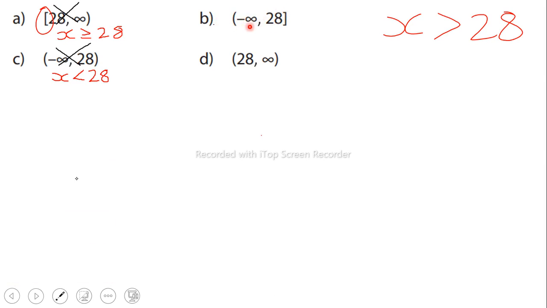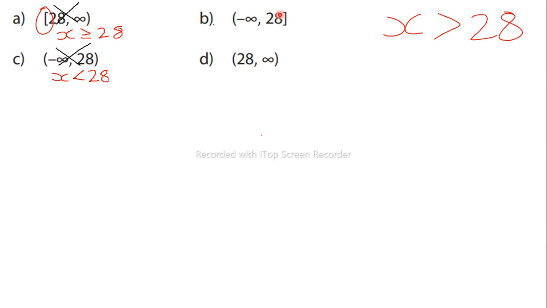This is saying, hey, start at 28. This time we include the 28. So start at 28, but get less and less and less. This is basically identical to C, but this time we include the 28.